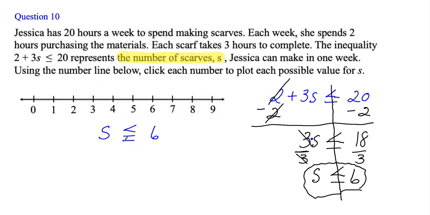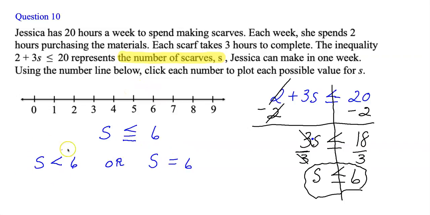That helps students remember, even though they don't write that in. So really what this means is S, the number of scarves that Jessica can make, is less than 6, or S, the number of scarves that Jessica can make, is equal to 6. So I just kind of wrote it into 2 pieces. My less than piece I put here, and my equal to piece I put here.